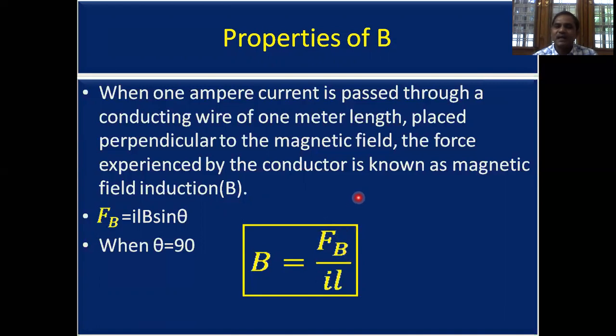Substituting the SI units, Newton for force, ampere for current, meter for length, we write the unit for B as Newton per ampere meter.